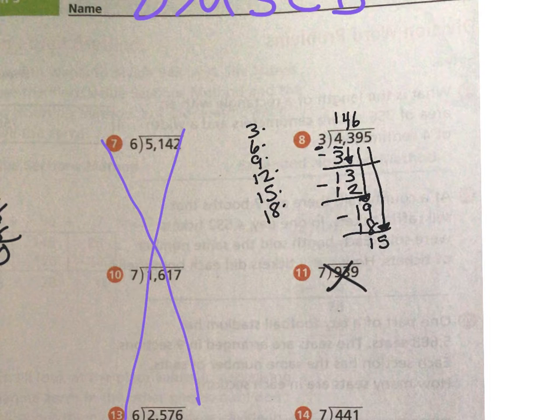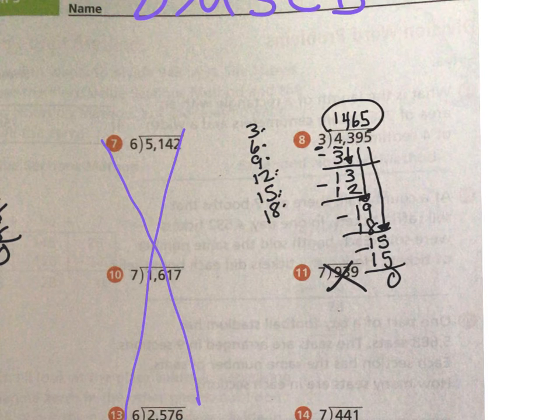This is why we're not doing number 11, because we're running out of room, aren't we? How many times does 3 fit into 15? Ooh, I think it fits in just right. 1, 2, 3, 4, 5 times. And that equals 15. And I subtract, and I have 0 remainder, so I don't need to write that up there. So that's my answer, okay?